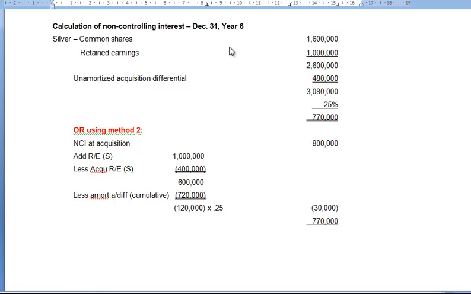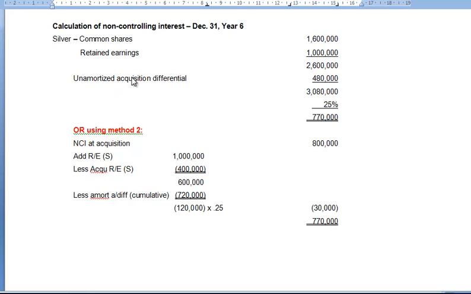So the first method we would normally use is we would say, well, we can calculate the common shares and retained earnings, the ending book value of the sub, on the date at which we want to calculate NCI. From the question, they tell us the common shares and retained earnings are as we have them here, for a total of 2.6 million.